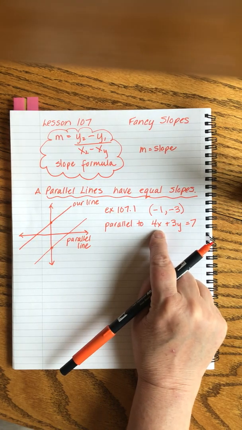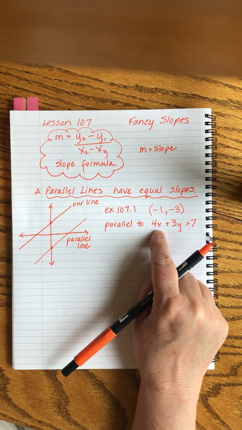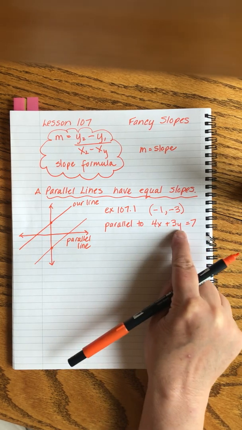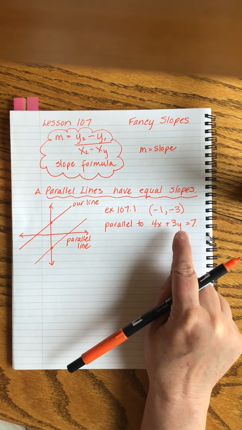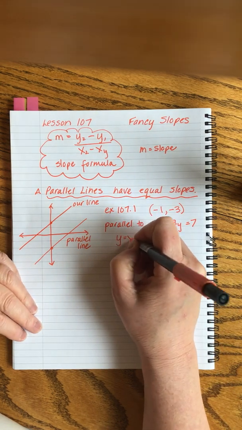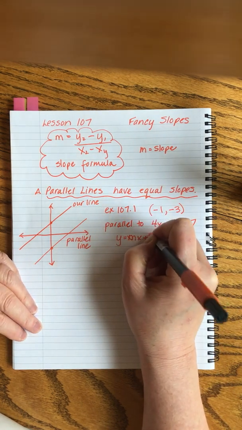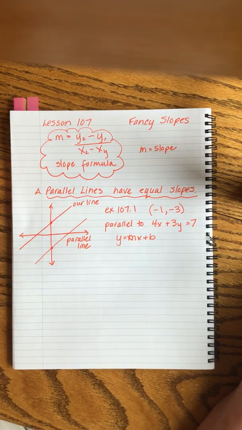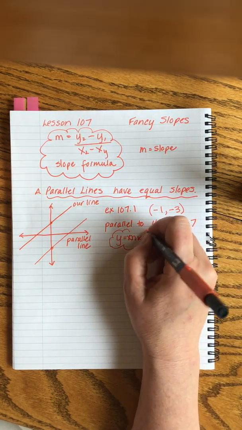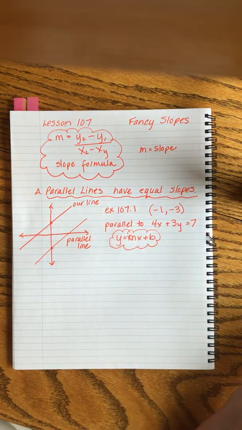And John has been a naughty little brat, and he has given us a messed up form of the equation. He didn't give us cute little slope-intercept form, which is y equals mx plus b. He gave us this nasty mess. So we're going to fix it. That's our step one, because in this mess, we can't see what the slope is. We have to rearrange things first.